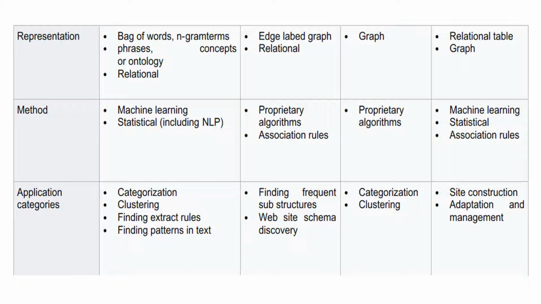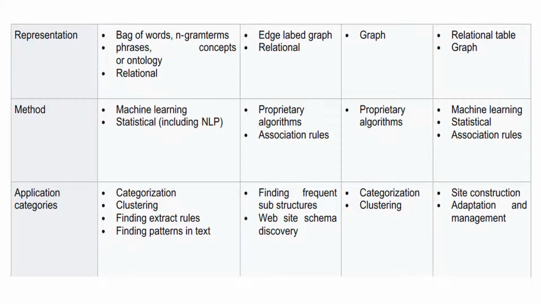The application categories of web content mining are categorization, clustering, finding extract rules, and finding patterns in text in the IR view. And in the database view, finding the frequent substructures and website schema discovery. In web structure mining, it has categorization and clustering in application categories, and in web usage mining, it has site construction, adaptation and management.